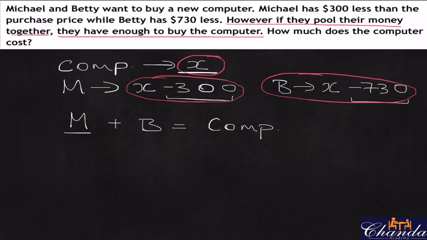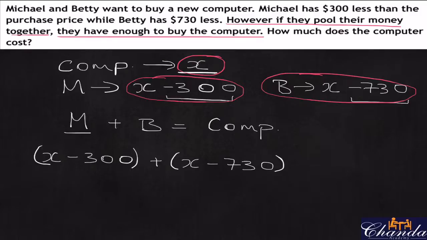So Michael in this case is X minus 300 plus, let's put this in brackets to make it a little bit easier to read, then Betty is X minus $730. So that's Michael, that is Betty, and that is equal to the cost of the computer, which is simply X dollars here. Then we have X.